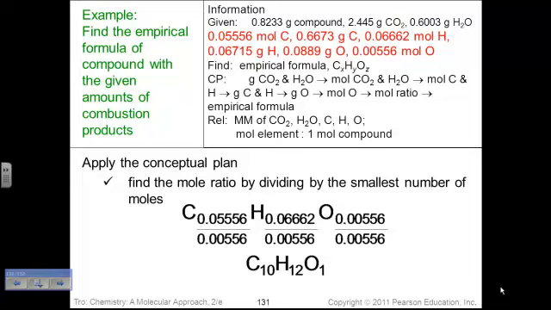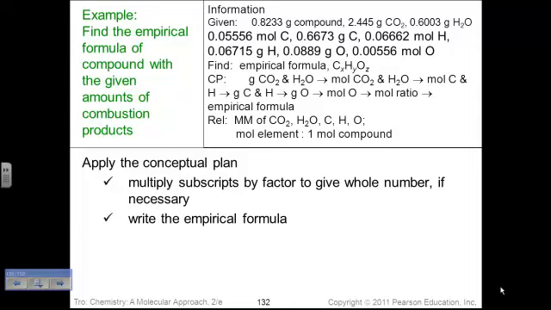When we calculate an empirical formula from combustion analysis, we have more work to do in the sense that we've got to pull out that information using percent by mass of carbon from carbon dioxide, and percent by mass of hydrogen in a water molecule, using percent by mass as a conversion factor to find carbon and hydrogen from the water.